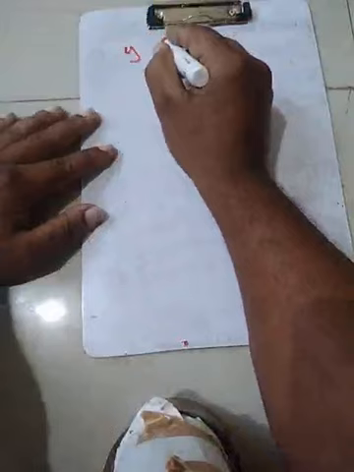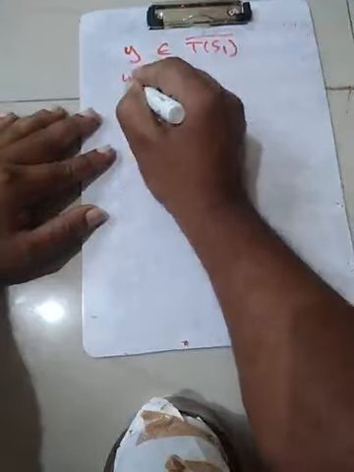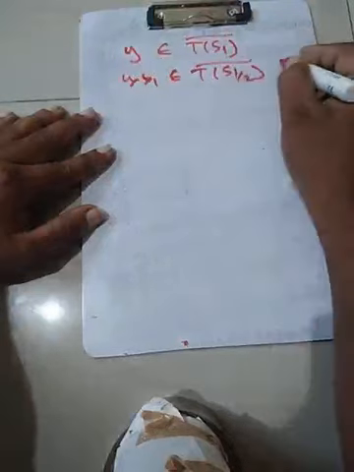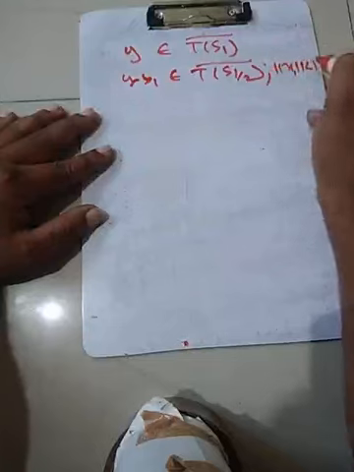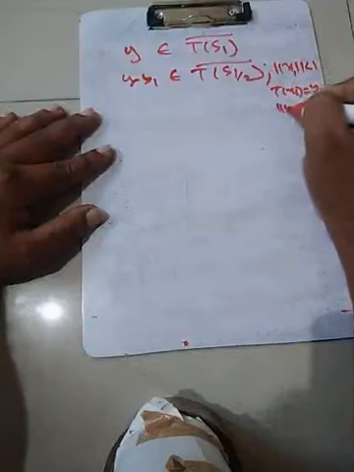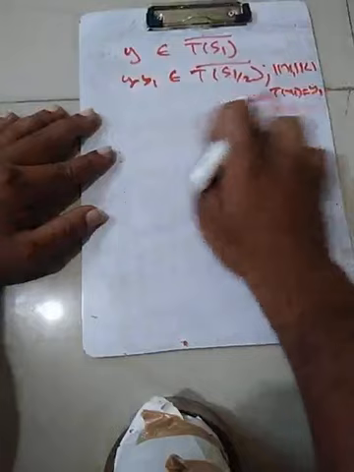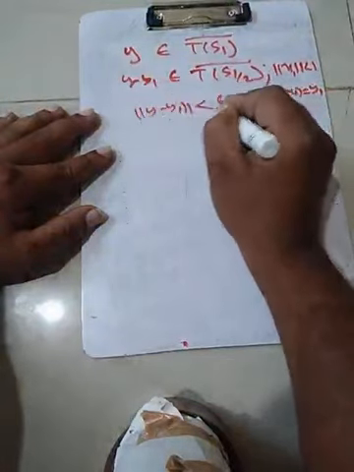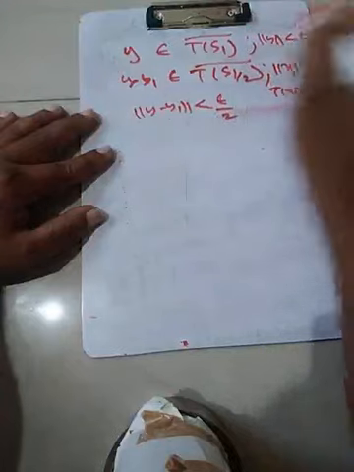Y is contained in T of S1 bar, y minus y1 is contained in T of S half whole bar, where norm of x1 is strictly less than 1 and T of x1 is equal to y1, and the norm of y minus y1 is strictly less than epsilon by 2. Here the norm of y is strictly less than epsilon.